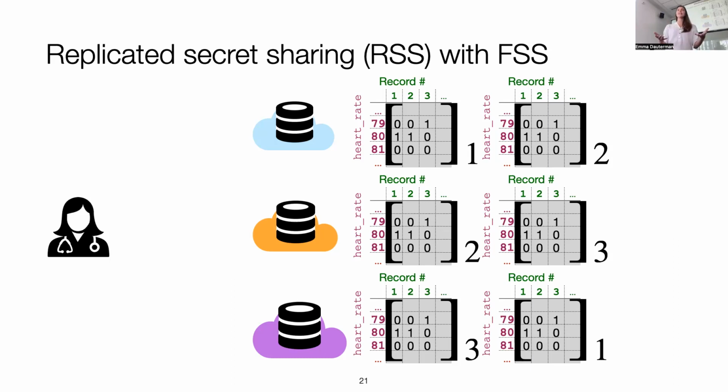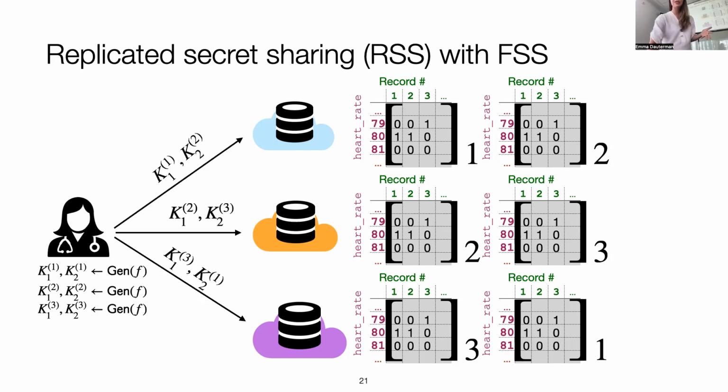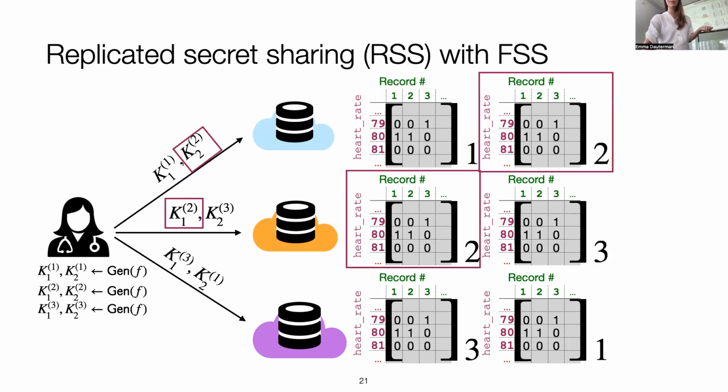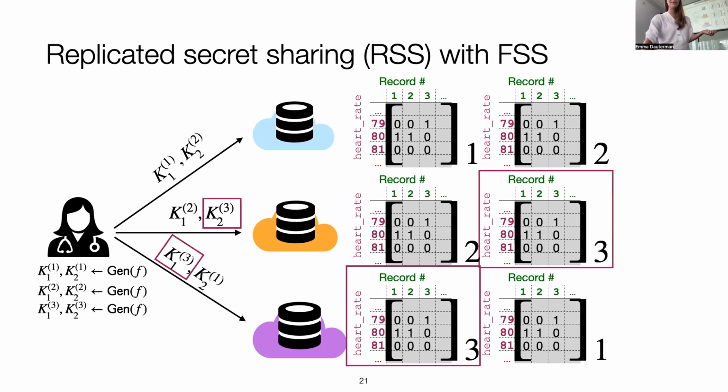So now we're going to essentially run the same protocol as before on each of the shares of the table. So now instead of generating 1 pair of keys, the doctor is going to generate 3 pairs of keys. And it's going to give keys to the servers corresponding to the shares of the table that they have. So now the servers are going to first run the protocol on share 1 of the table, and then on share 2 of the table, finally on share 3 of the table.